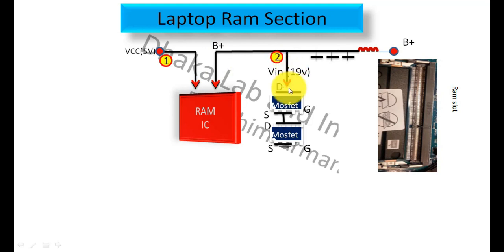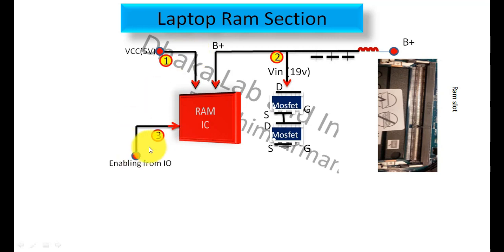Okay, but for this MOSFET to work, gate switching is very important, so we'll discuss that later on. And then after getting this voltage B plus and VCC, IO will enable the RAM IC.